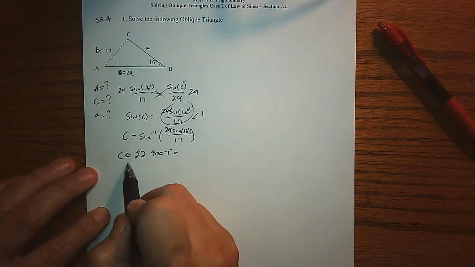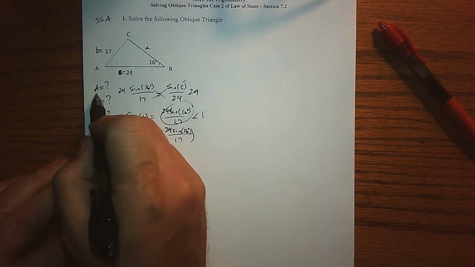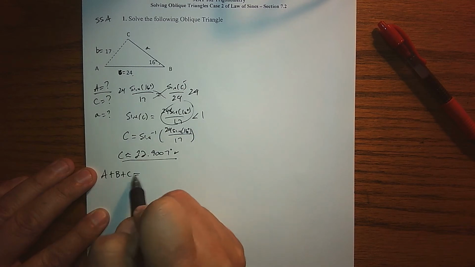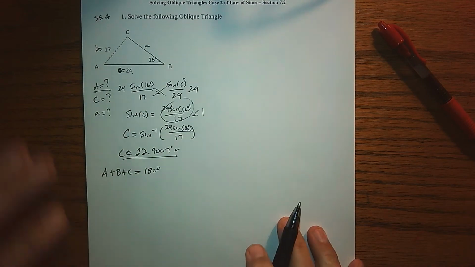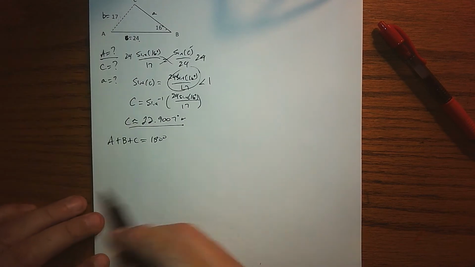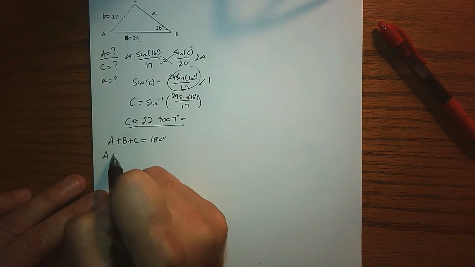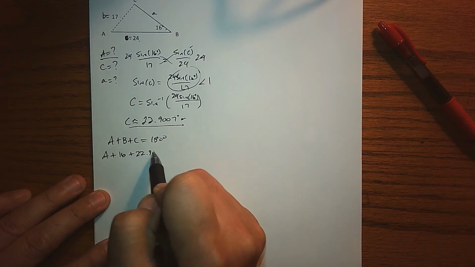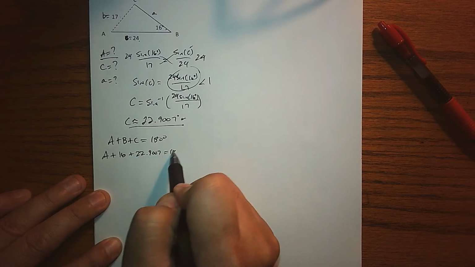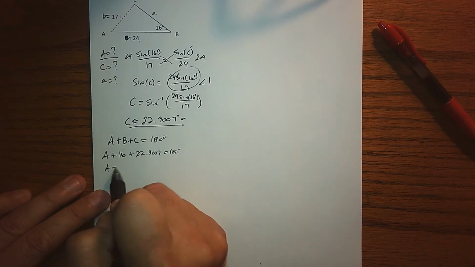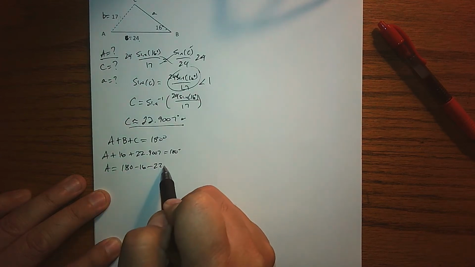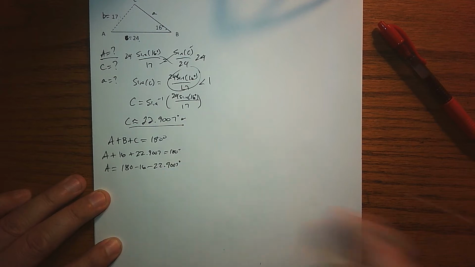So now that I have C, we can now find A. A plus B plus C should be equal to 180 degrees. So if I fill in what I know, B is 16, and we just found C to be 22.9007, and that equals 180. So our A is 180 minus 16 minus 22.9007 degrees.